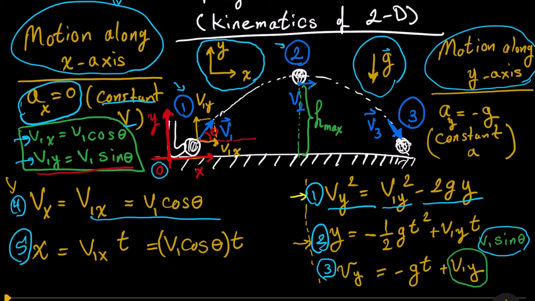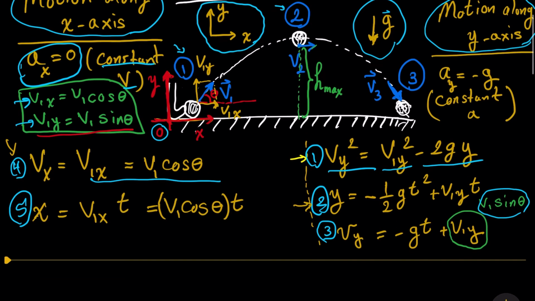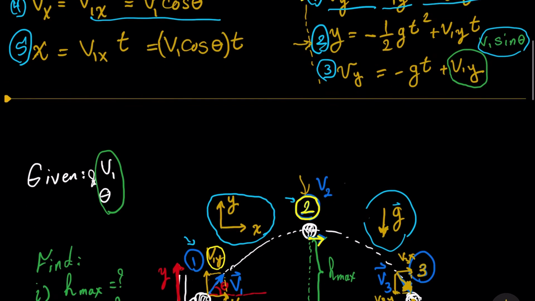So it will always be solving that quadratic equation. And worst case scenario, you have a C term that's non-zero, and you can use the quadratic formula to solve it. So we're going to use equation number 2. Equation number 2 for the flight time is going to be y equals negative 1/2 gt squared.